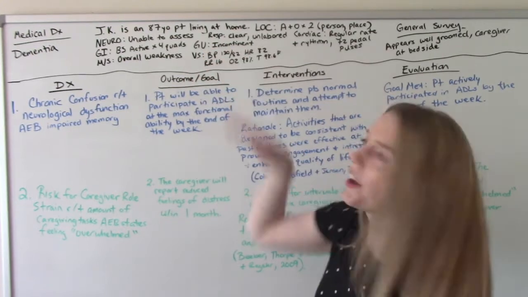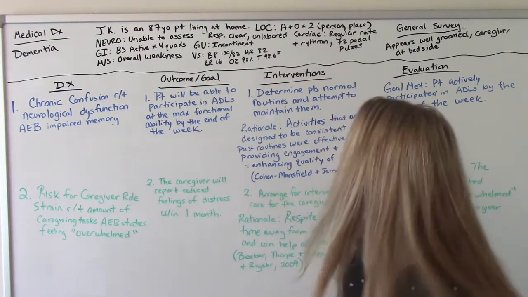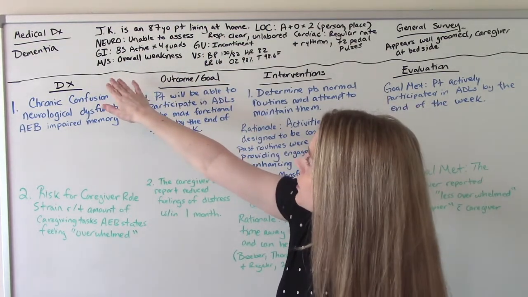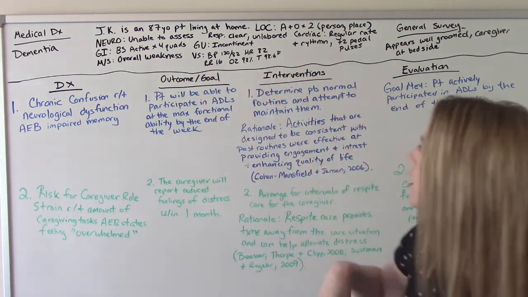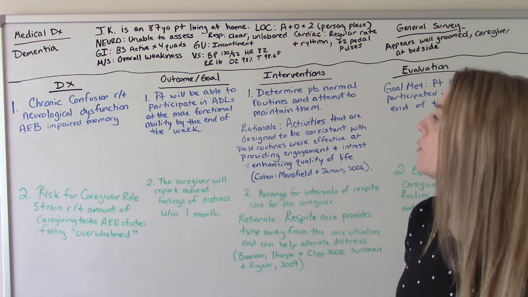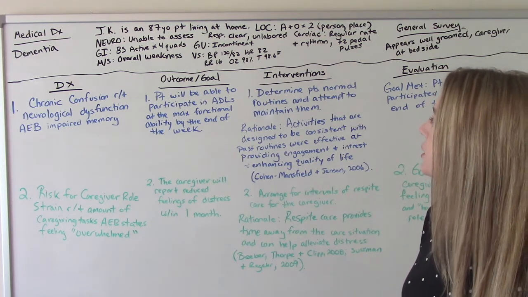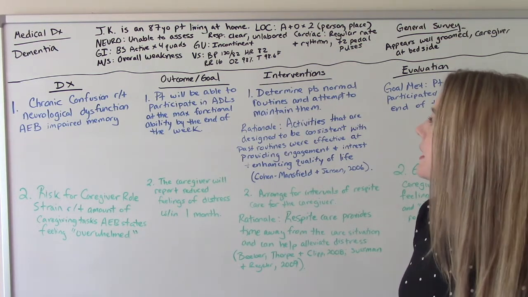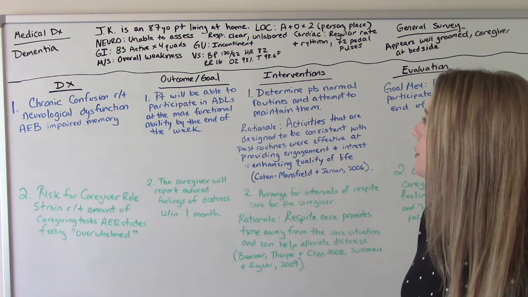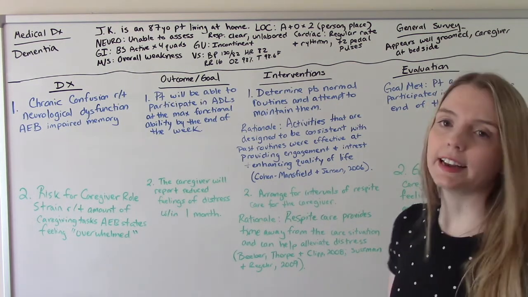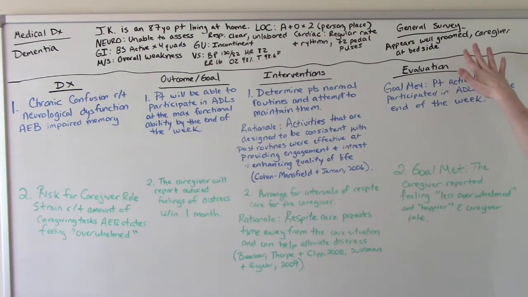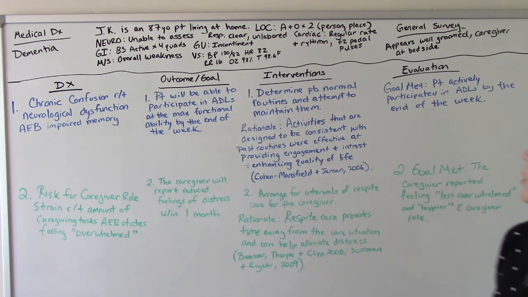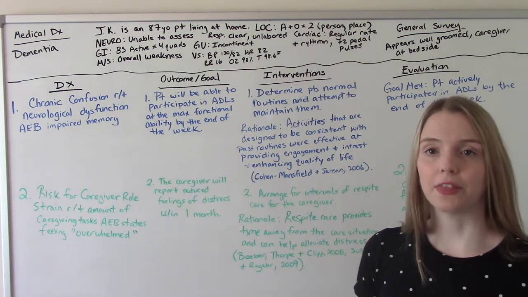Our GU, they are incontinent of bladder. Musculoskeletal, overall weakness, and then our vitals are all good. So blood pressure 130/82, heart rate 82, respirations 16, O2 of 98%, and temperature of 98.6 degrees Fahrenheit. And then our general survey, the patient appears well groomed and there is a caregiver at the bedside.